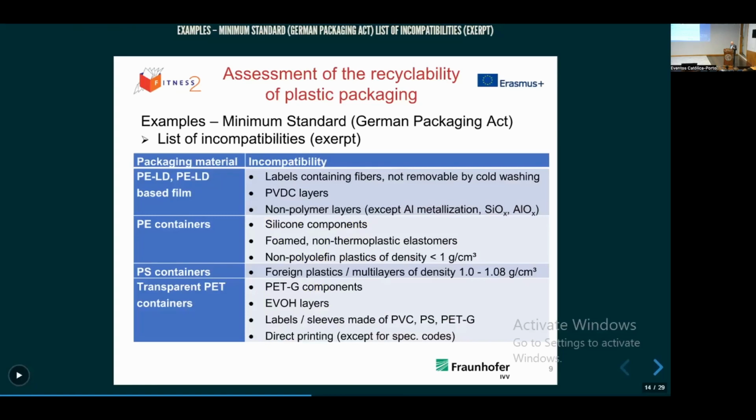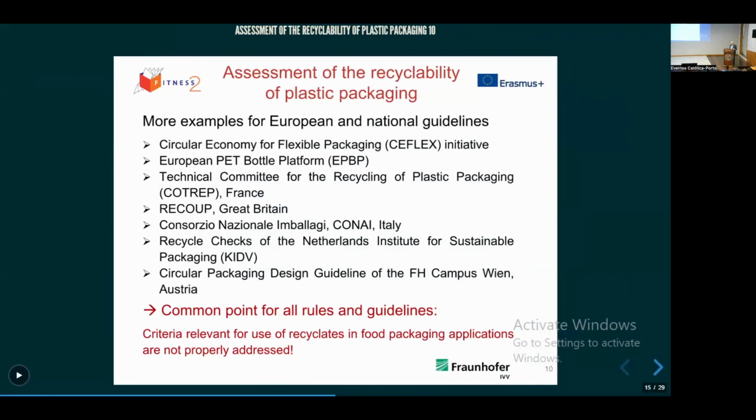This should not be used for recyclable packages. What should be used for packages that are usable to make food packagings again? No information. And there are a lot of other guidelines, but all these rules and guidelines don't tell us what we shall do if we would like to reuse plastics in food packaging.